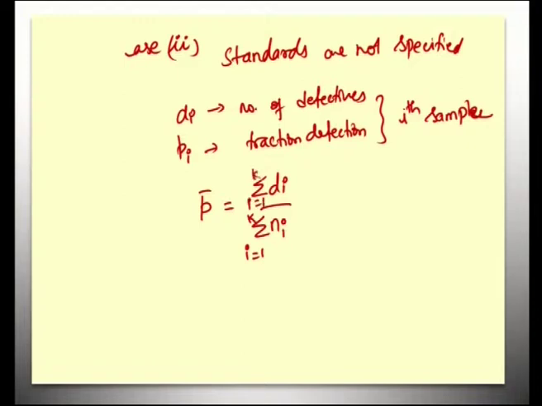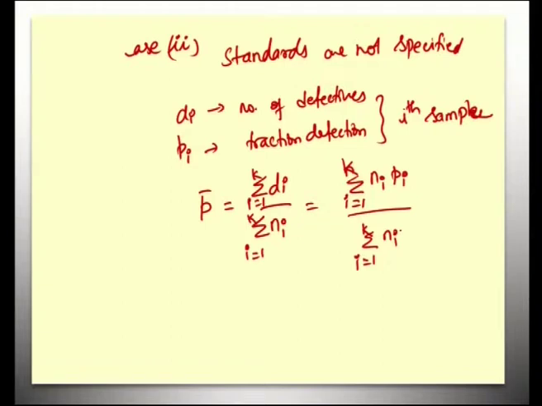Di, as already discussed, stands for n into p, therefore summation Ni into Pi divided by summation Ni.